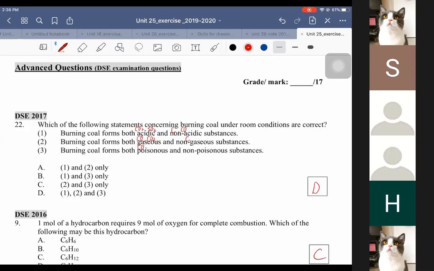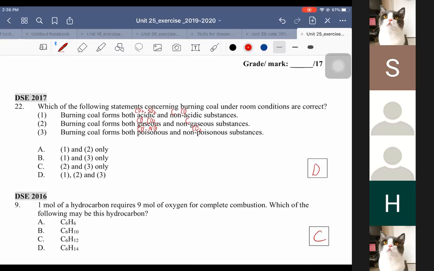Okay, and also nitrogen monoxide is also toxic. Okay, and other substance, non-poisonous substance, carbon dioxide. Okay, we have carbon dioxide surround us all the time, and it's non-toxic. Okay, so the correct answer for question 22 should be D.